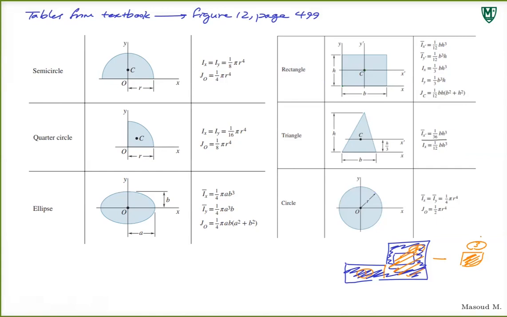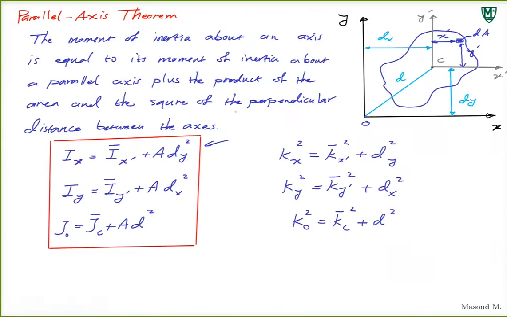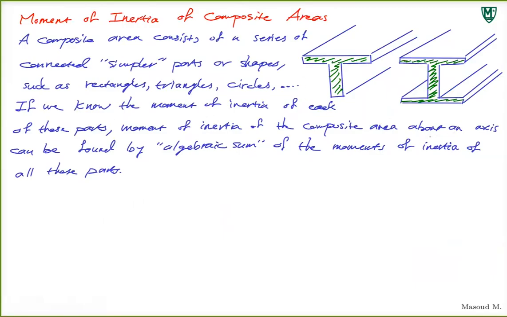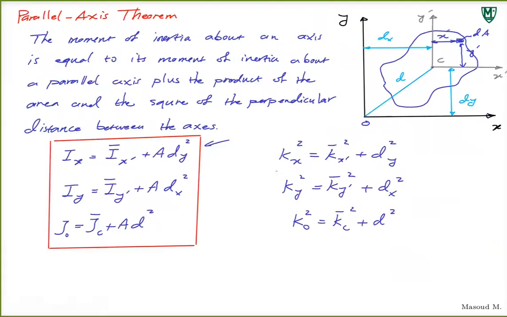So using these simple shapes, you should be able to form the composite area, and depending on whether it's a cutout or areas added together, you add or subtract those moments of inertia to find the area moment of inertia for the composite area. As we mentioned at the beginning, the moment of inertia of a composite area about an axis can be found by the algebraic sum of the moments of inertia of all these parts. So if it's a cutout, you subtract it. If it's just adding two simple shapes to form the composite area, just add. All right.